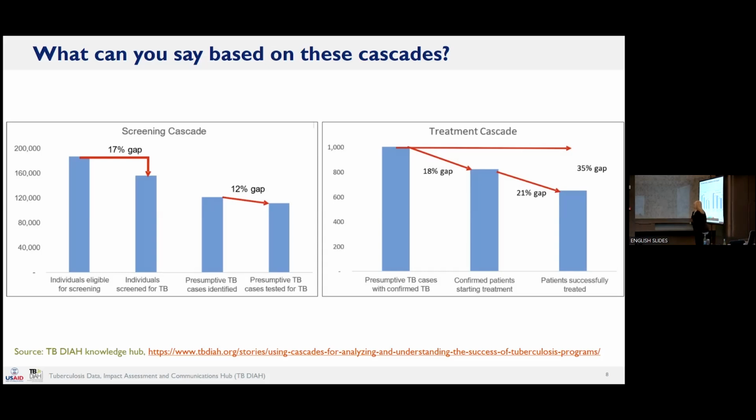Now, the next chart is about the treatment cascade. And we can do this cascade for any indicator, actually. What we include into this cascade depends on us. Here, for instance, it starts with the number of presumptive TB cases with confirmed TB.